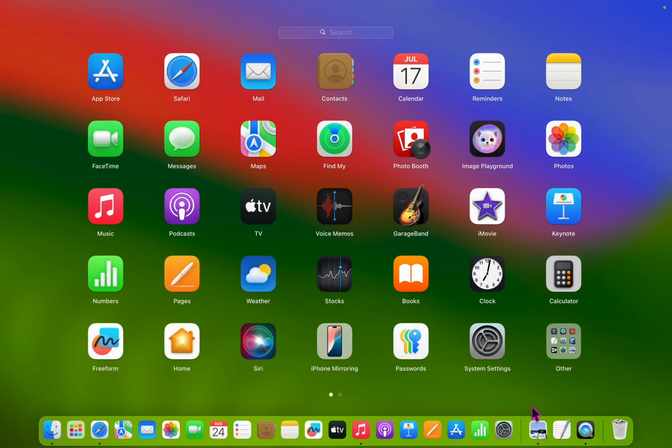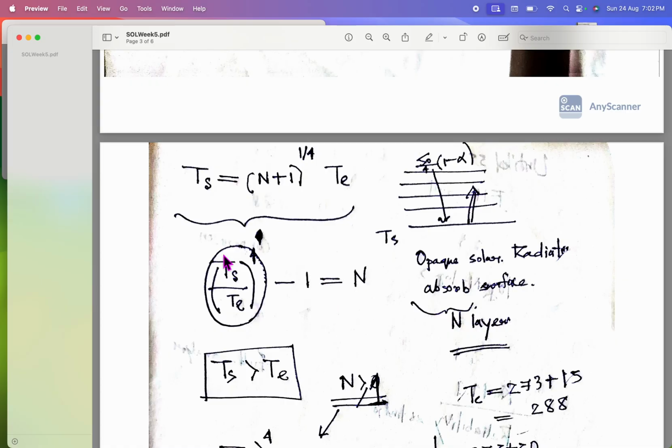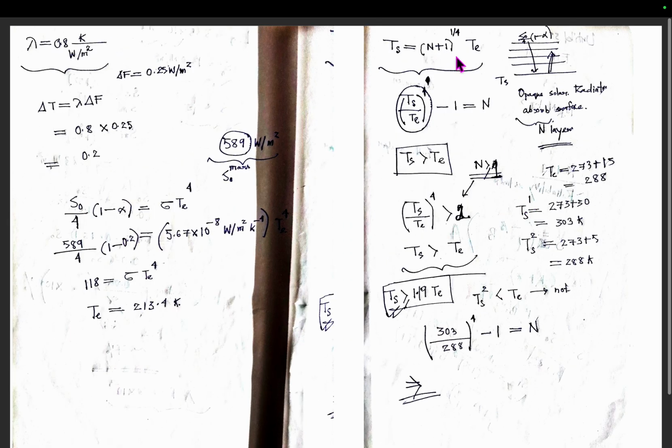In the n-layer atmospheric model, we had seen that the surface temperature and the emission temperature have this relation: Ts is equal to (n plus 1) to the power 0.25, or (n plus 1) to the power 1 by 4, times Te.